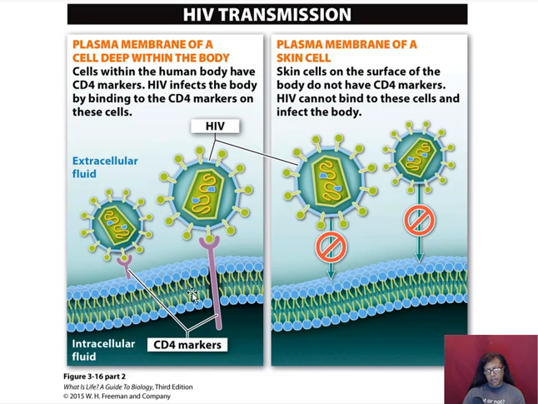So here we have our plasma membrane, we have the CD4 marker that is only on certain cells, and that is what the HIV virus uses to gain entrance into the cell. However, skin cells do not have CD4 markers, so HIV can't bind to these cells and can't infect the body.